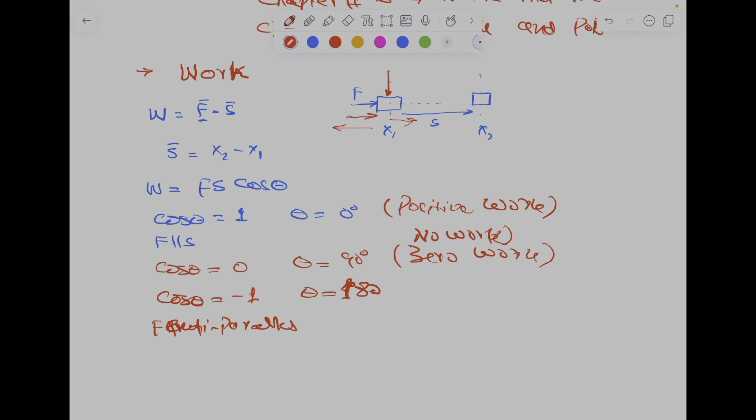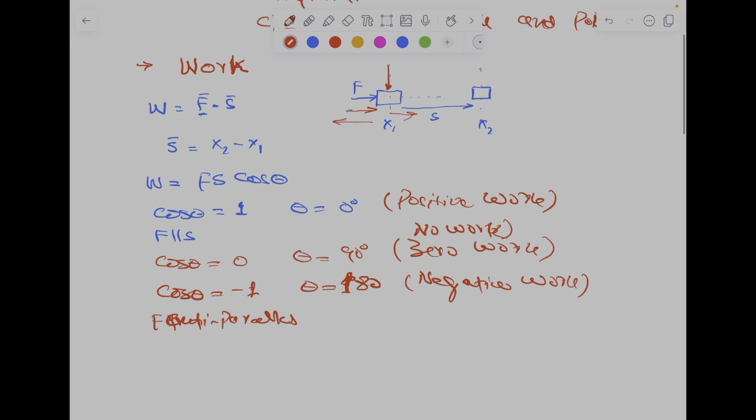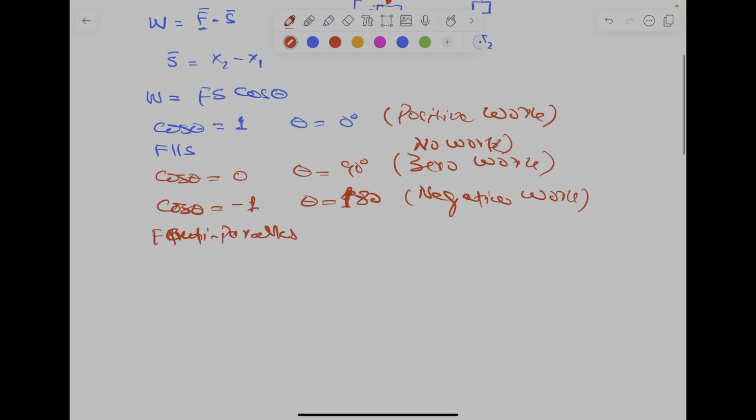So you have negative work. So your work can be positive, it can be negative, it can be 0 as well. It depends. We have the maximum work when both F and s are in the same direction. So we can write this is the maximum work.